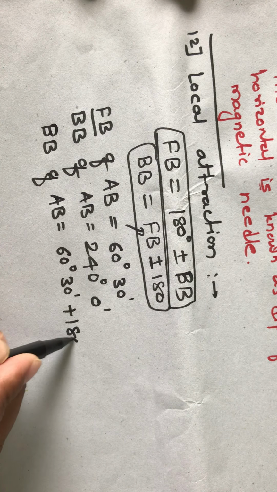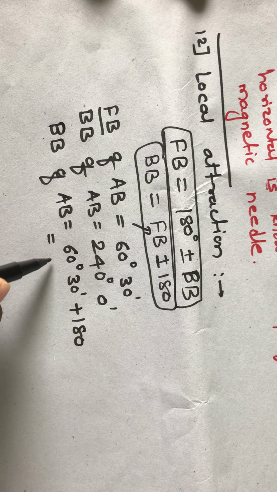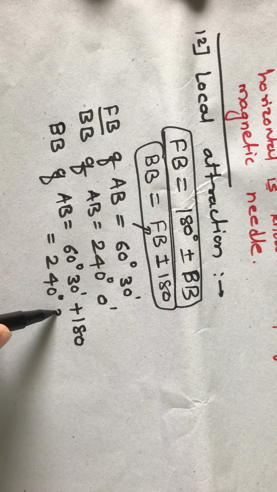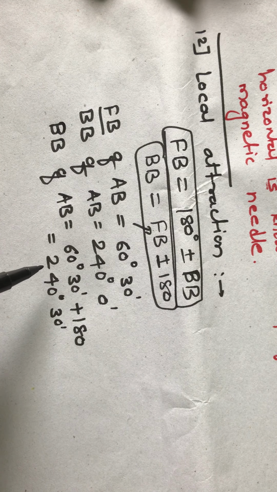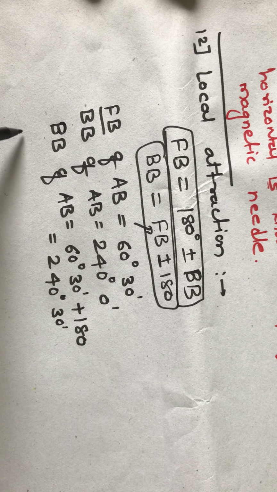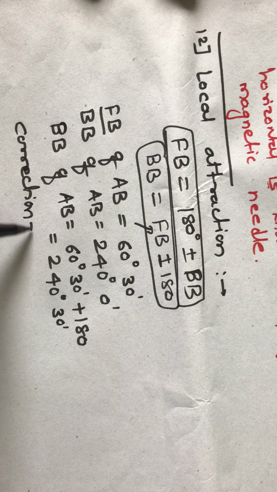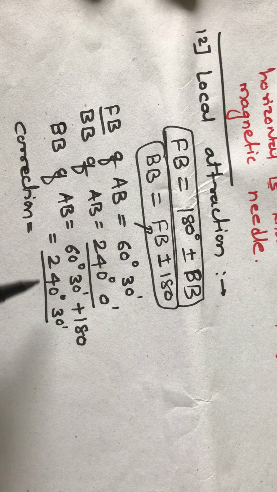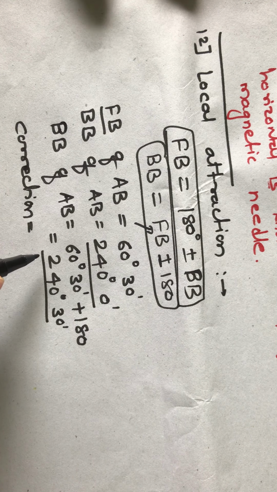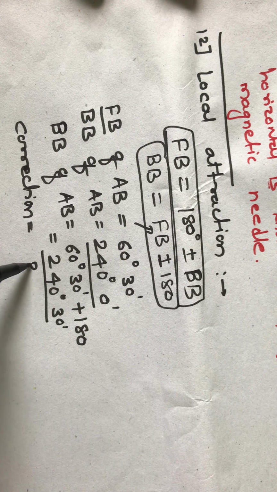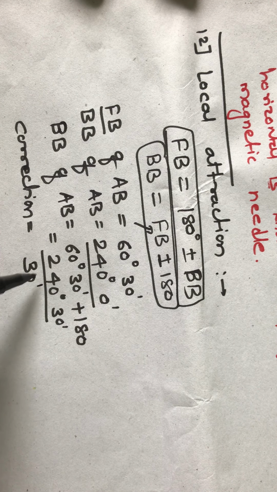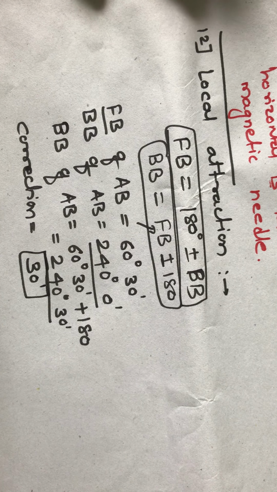So we have 240 degrees 30 minutes. What is the difference? The correction will be 30 minutes.